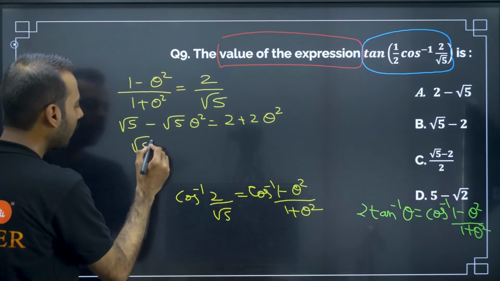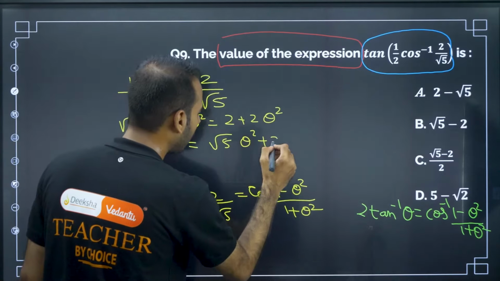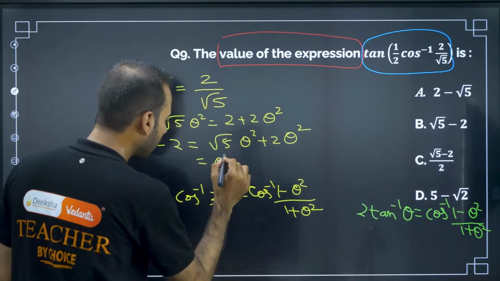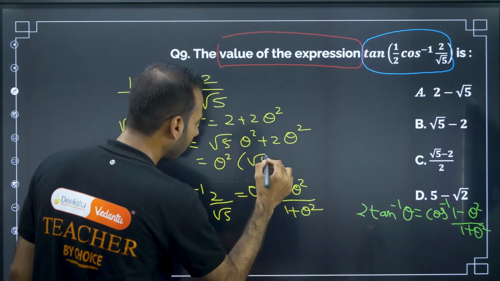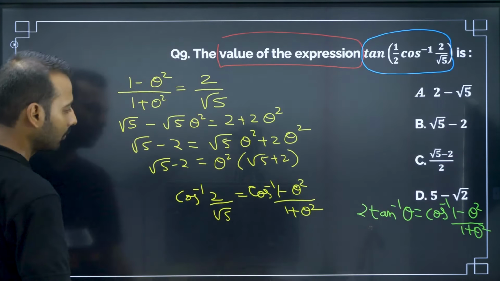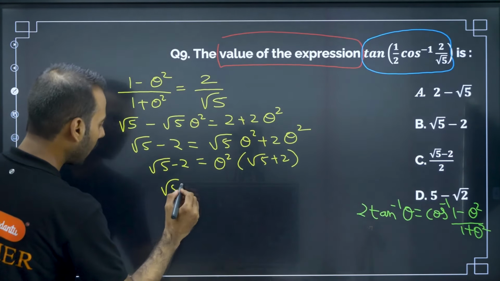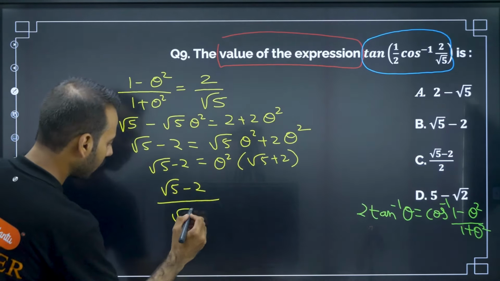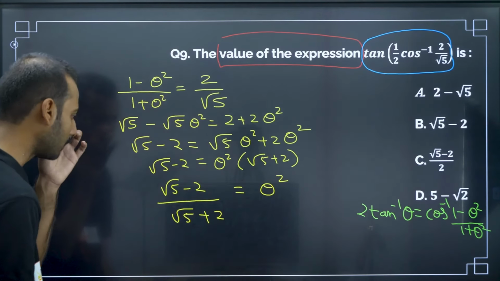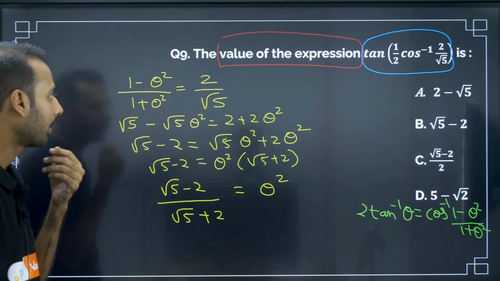So root 5 minus 2 is equal to root 5 theta square plus 2 theta square. If I take theta square common on this side, I am left with root 5 plus 2, and here root 5 minus 2. So theta square is equal to (root 5 minus 2) by (root 5 plus 2).